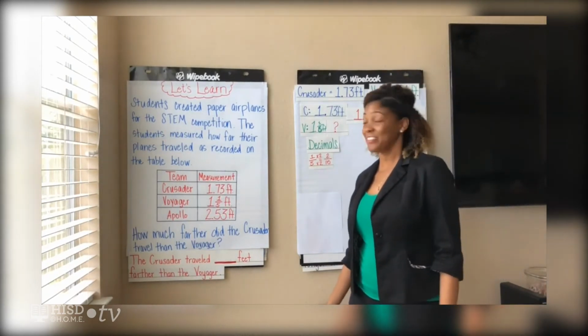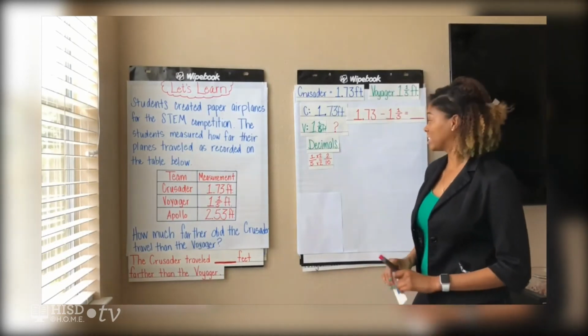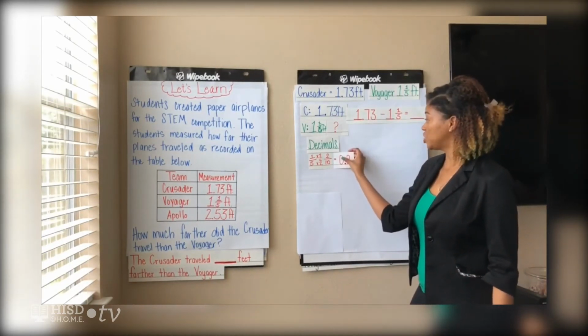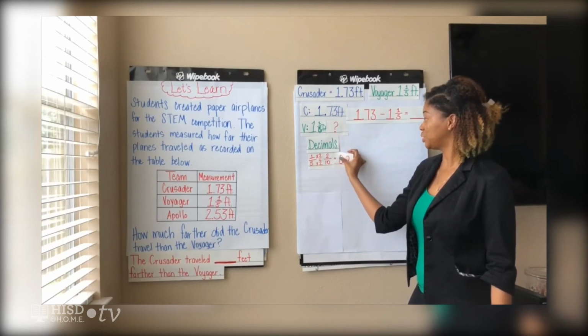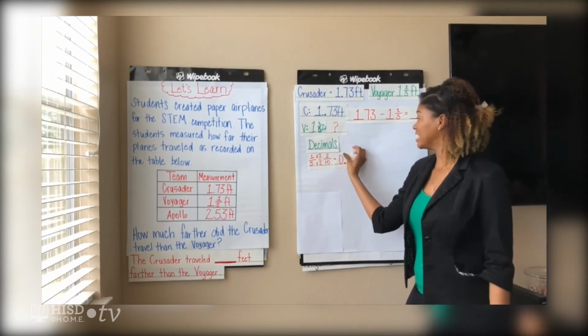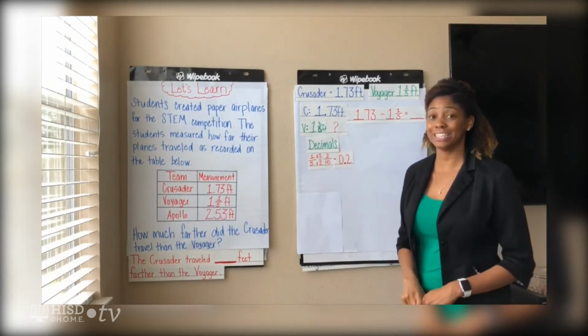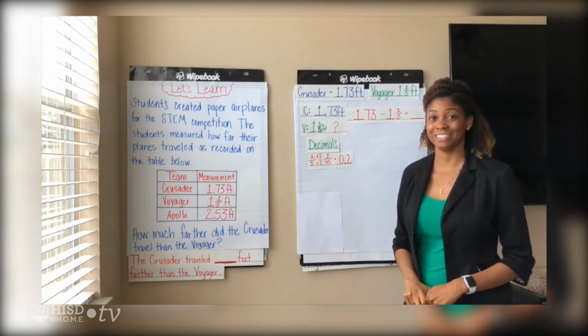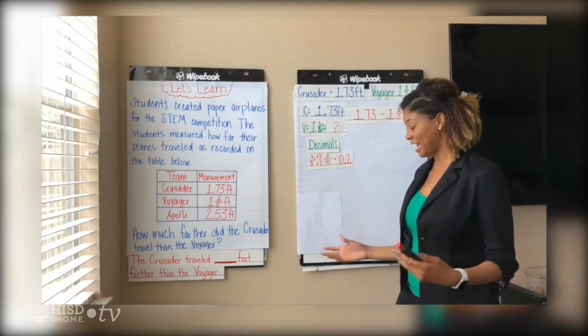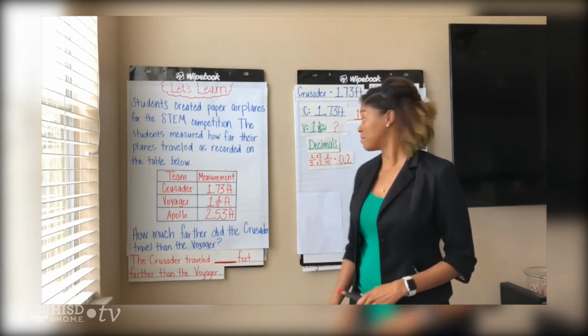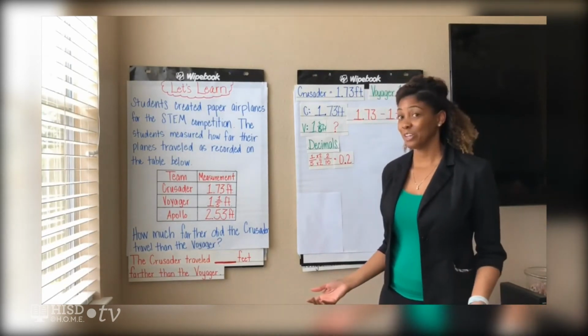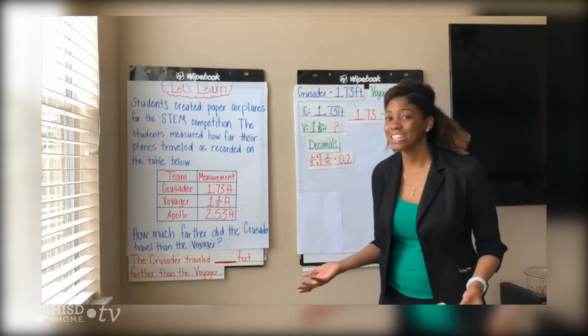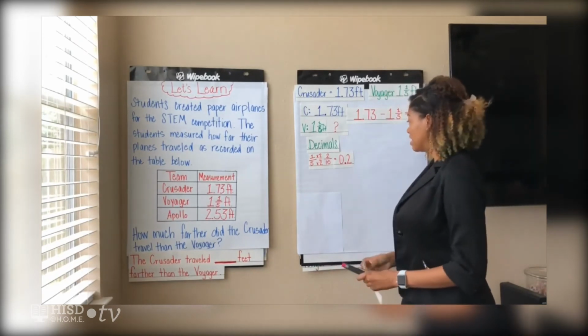Now that we have that, we are ready to change it to a decimal. 2/10, the fraction, is the same as 2/10, the decimal. Now we're ready to jump into our next step. You know what that is? Let's rewrite the problem.